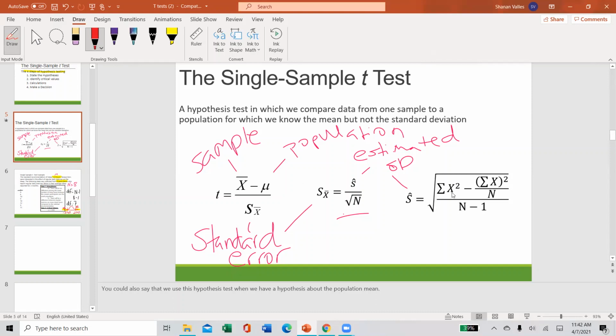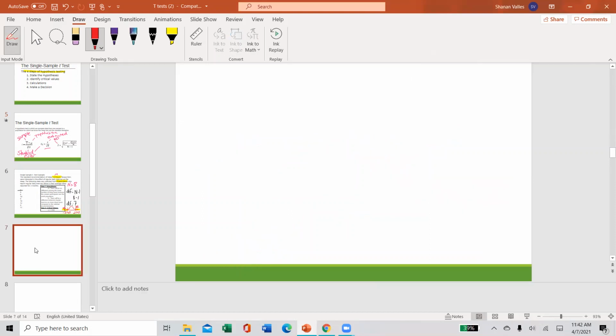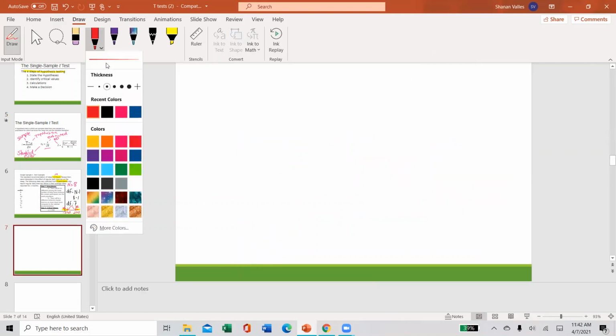All right, so we need to find our sum of x's squared, and we need to find our sum of x, okay, so that we can calculate our estimated standard deviation, and then we can use that to calculate our standard error, and then we can use that to calculate our t. Okay, so we've got to kind of work backwards here just a little bit, but that's okay. We can do it.